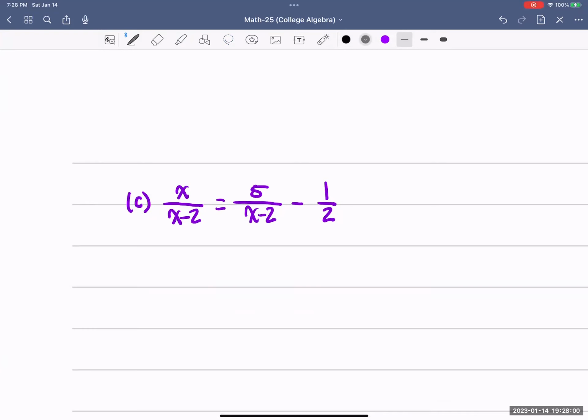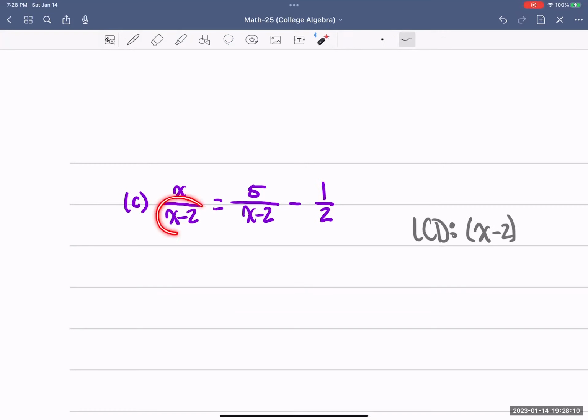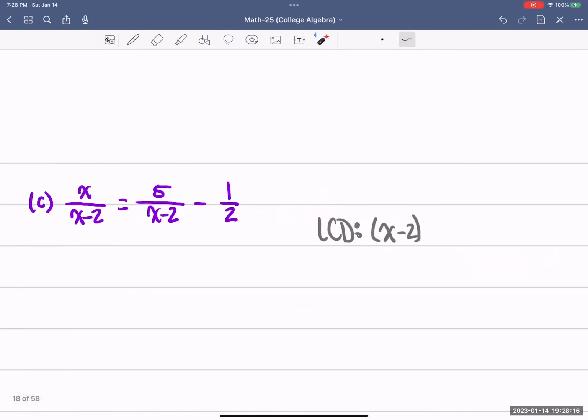So x minus 2, starting with our LCD. X minus 2. And starting off with this one, x minus 2 divided by x minus 2. All right, all fractions are gone. Same thing here. Fractions are gone. Then we have 2. Yeah, that's not going to work.